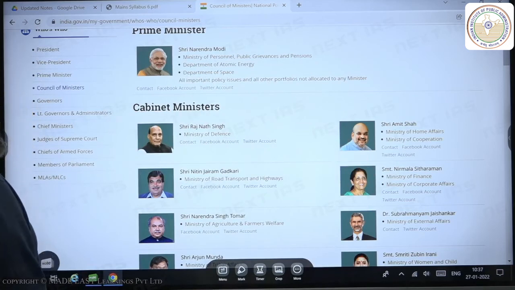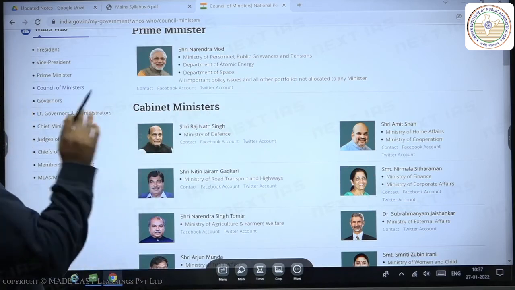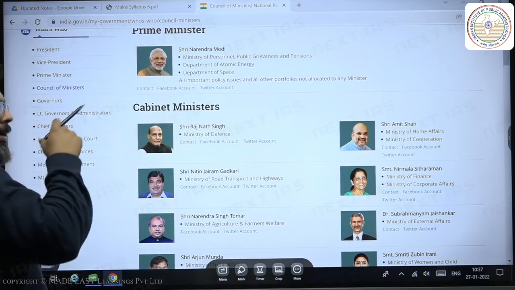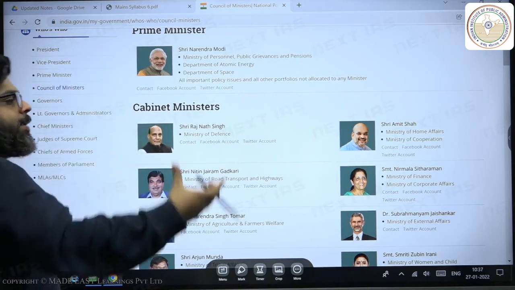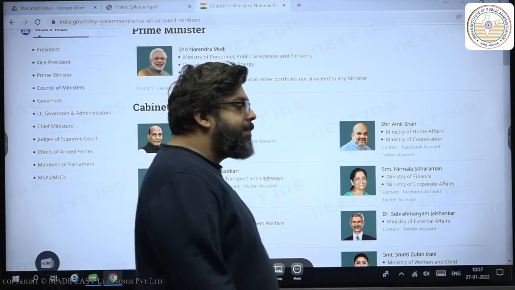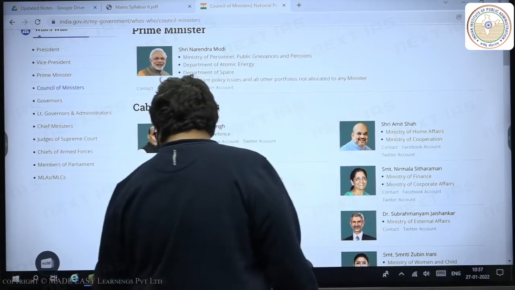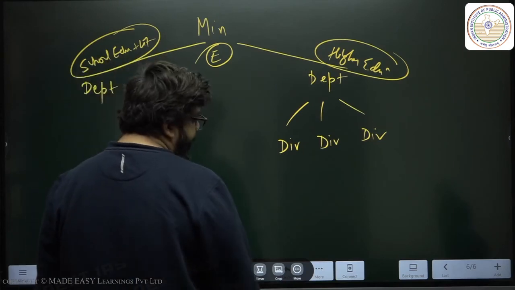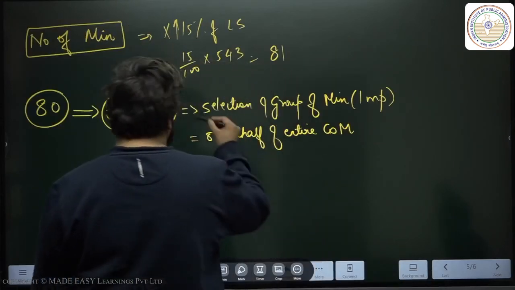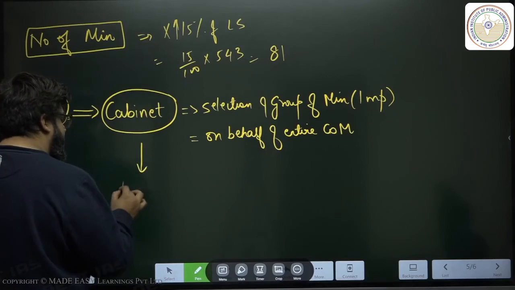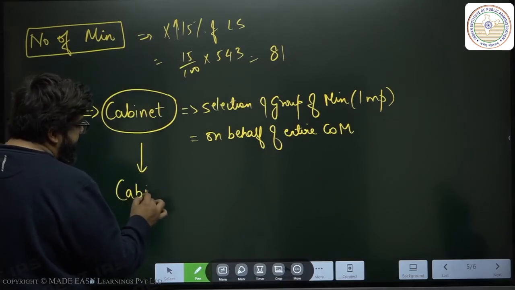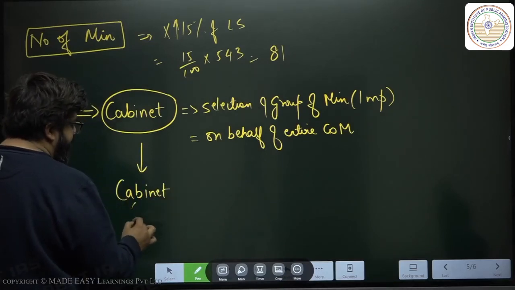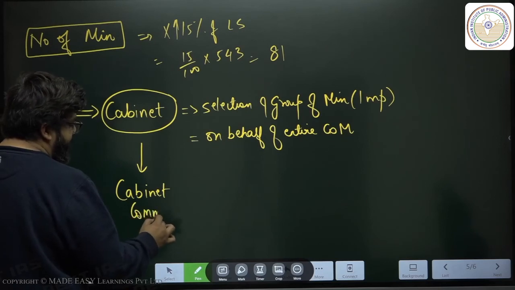So what this government has done is that ministers are also called cabinet ministers, but then you have a few who will be a part of something called cabinet committees. So this gives rise to something called cabinet committees. These cabinet committees take key executive decisions.